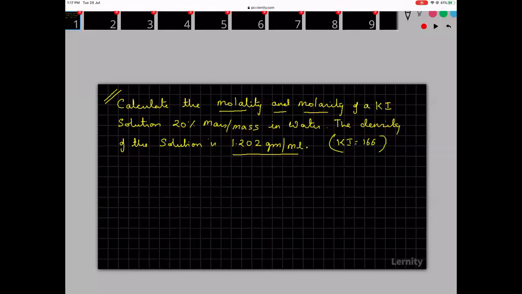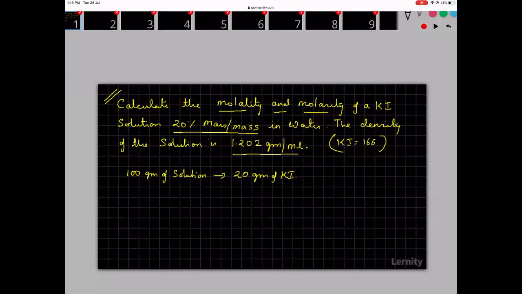I will try to help you out. First, let us understand this is a 20% mass by mass solution in water. If it is 20% mass on mass in water, can I say that in 100 grams of solution there is 20 grams of KI?